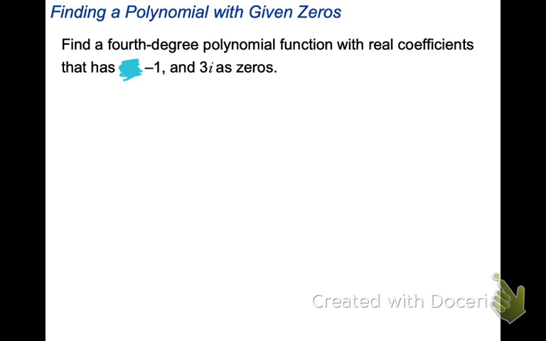Got it? Okay? So if 3i is there, what's also there? -3i. So you would have plus or minus 3i. But then -1 needs to be how many times? Twice. So if I said fifth degree, the -1 would have to be 3 times.